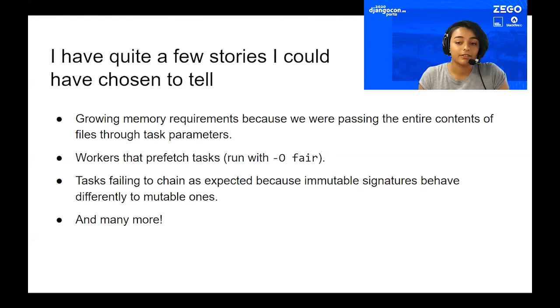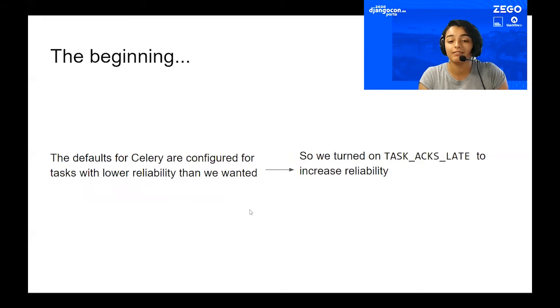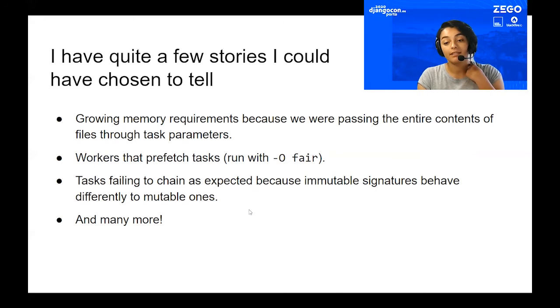A lot of these stories are a result of me not understanding how Celery actually works because since everything was working when I got there, I found the documentation to be a little overwhelming, so I didn't really feel the need to. I assumed that everything was set up optimally and it was running fine.